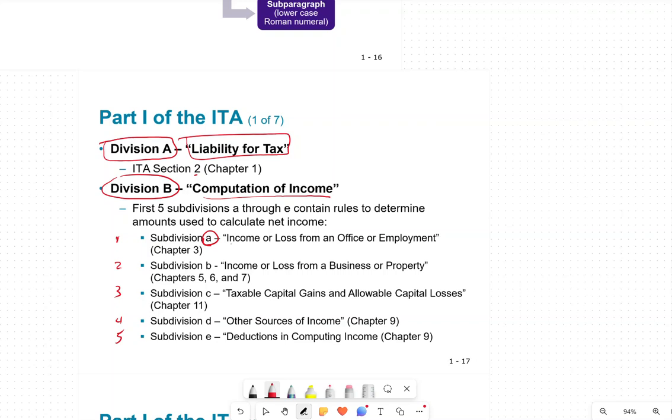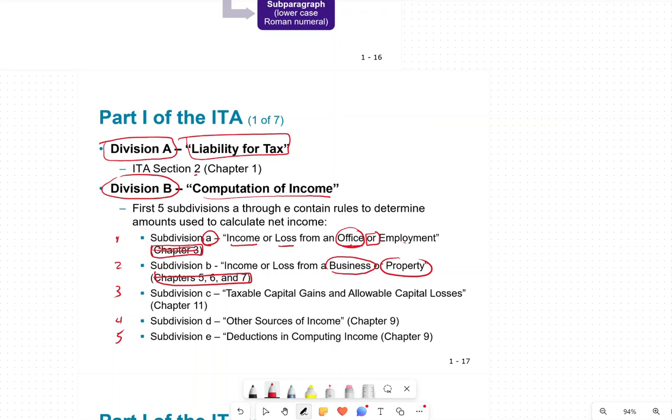You could have an income or losses from office or from employment. Subdivision A we're going to calculate in chapter 3. And then Division B, we're going to calculate in chapter 5 and chapter 6, which is an income or a loss from business. A, the first one, is your income or loss from office or from employment.